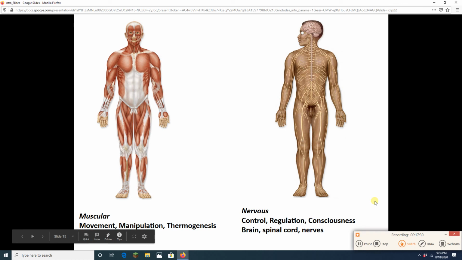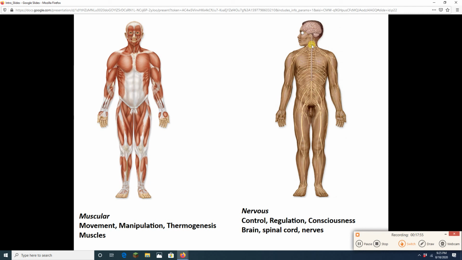What else? We got the muscular system. Muscular system, about 600 muscles or so. It's going to be very much involved in moving your body and manipulating your environment. The muscular system is also involved in heat generation. The better word for heat generation is thermogenesis.